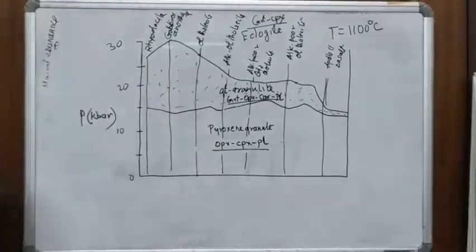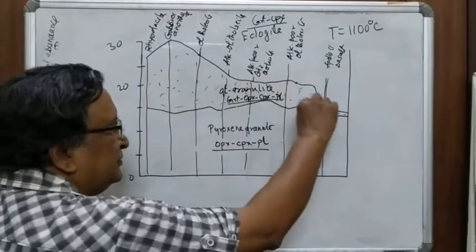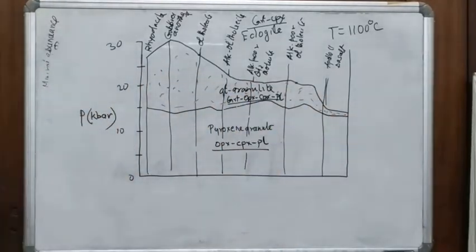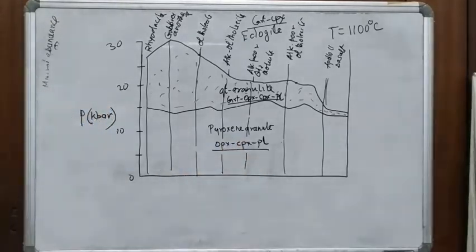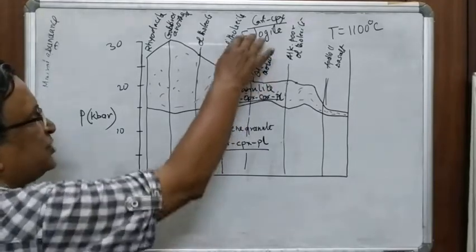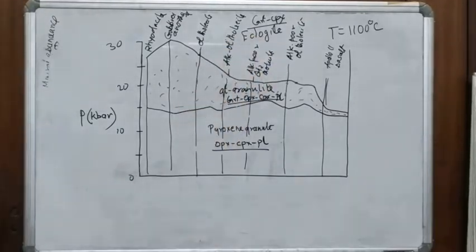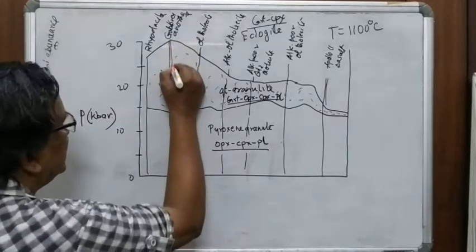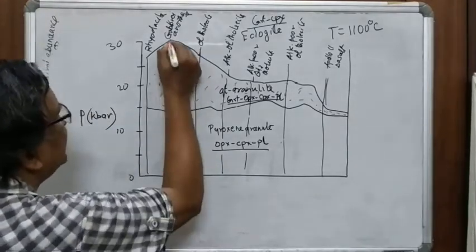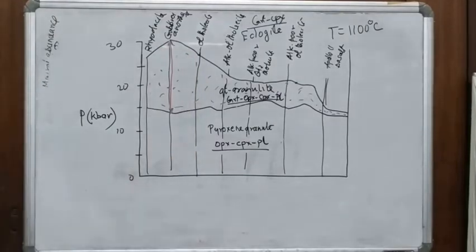So he found the transition at 1100 degrees centigrade, from pyroxene granulite, low pressure crustal granulites or gabbros, to garnet bearing granulites to eclogites. And you can see here, can you see the difference in pressure? The difference in pressure is 30 to roughly 10 kilobars.